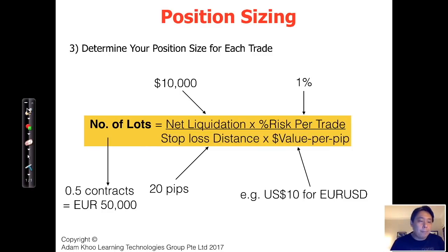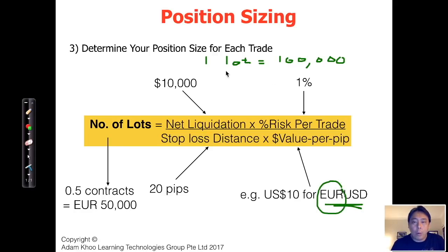Now recall in lesson 1, one standard lot in Forex is 100,000 of the base currency. So in this case, the base currency is Euro, right? So one lot is 100,000 euros. So 0.5 lots would be 50,000 euros.